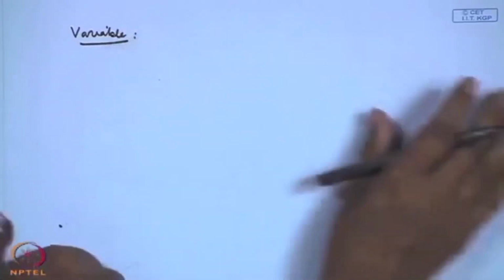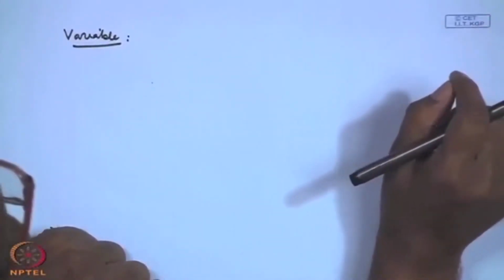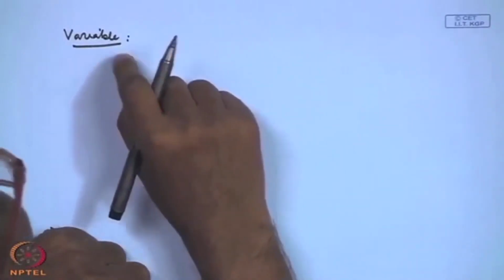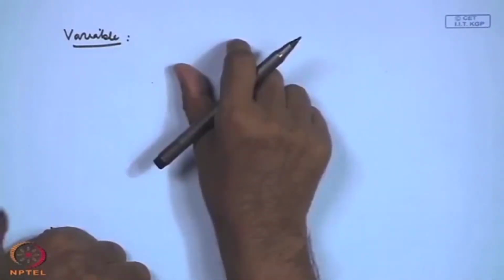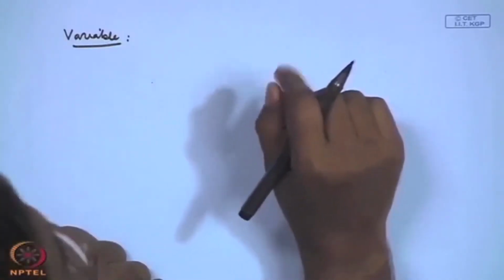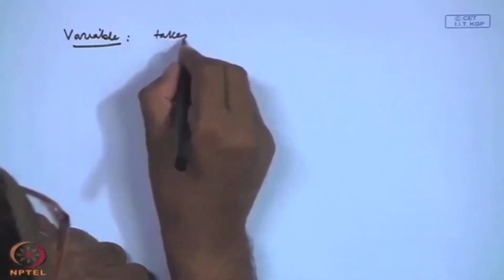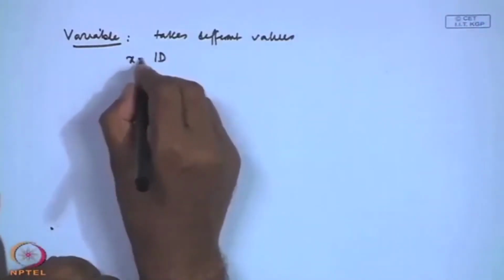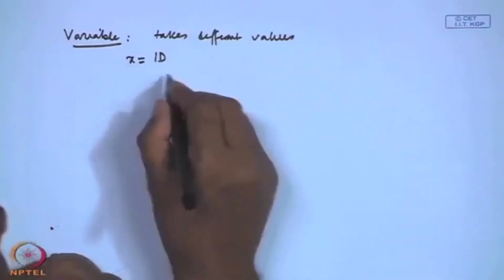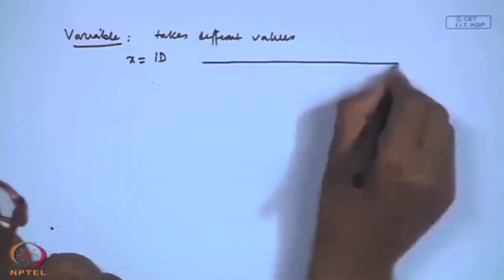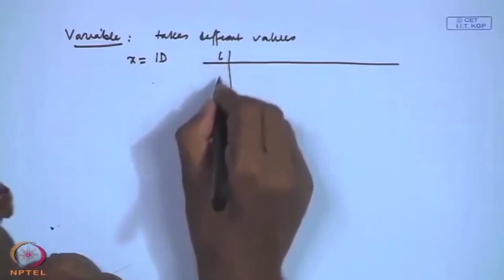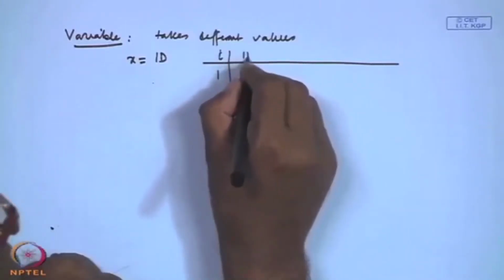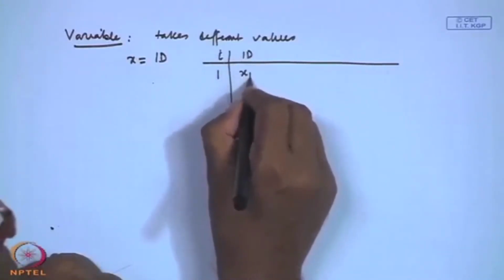I think it is known to you that a variable is something which takes different values. For example, if x is ID, inner diameter, and I produce one item, I stands for the item, suppose the first item, and the ID value may take the value x1.